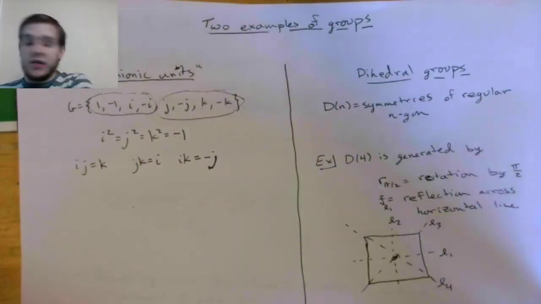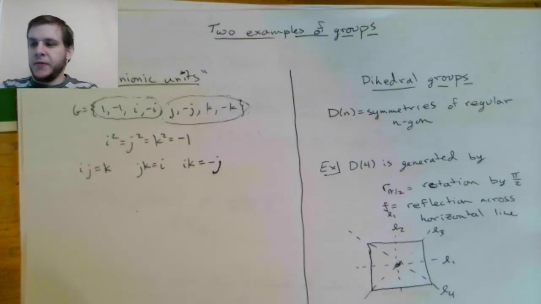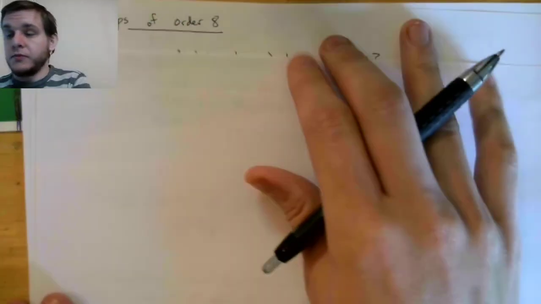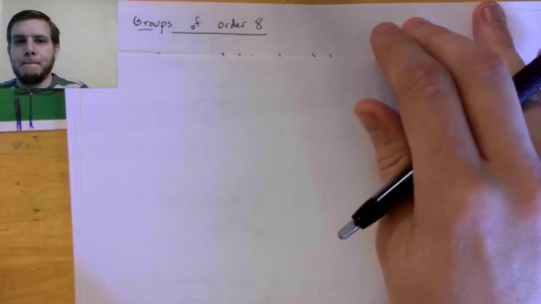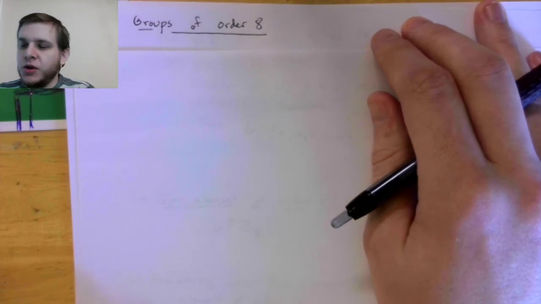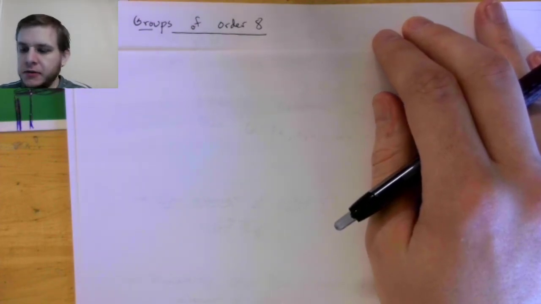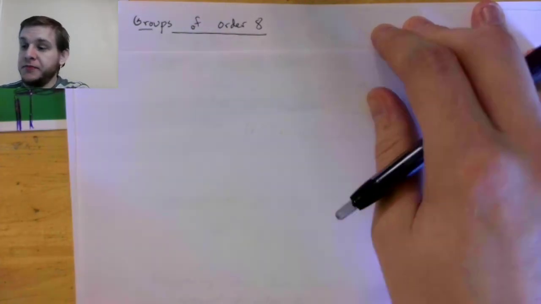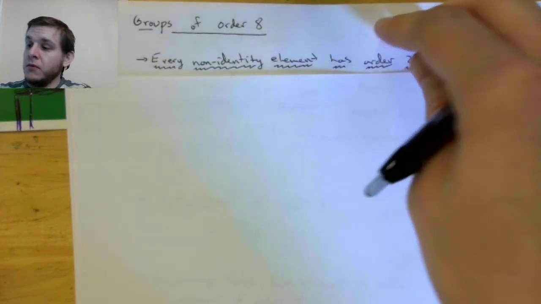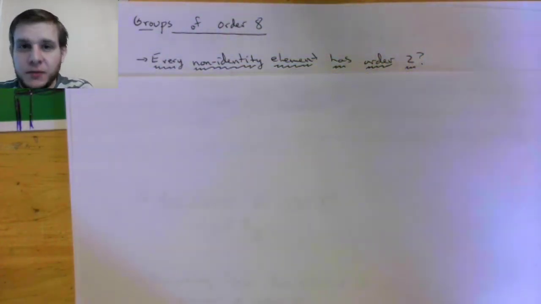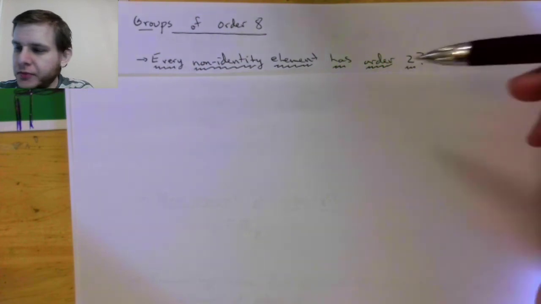Okay, so let's go on to the main event of the day, which is classification of groups of order 8. So to start the classification, what do we want to do? We want to break into cases.